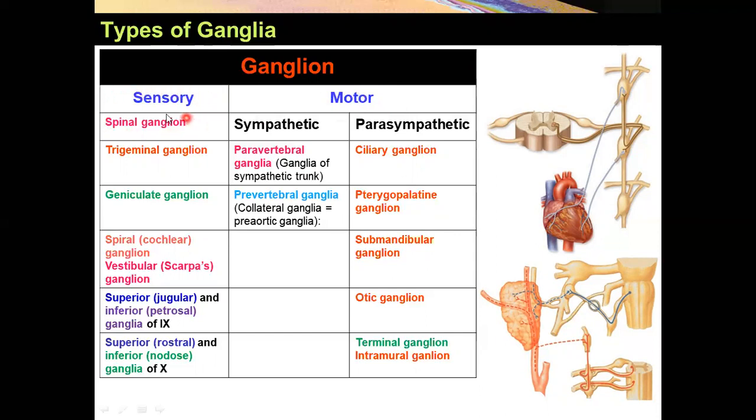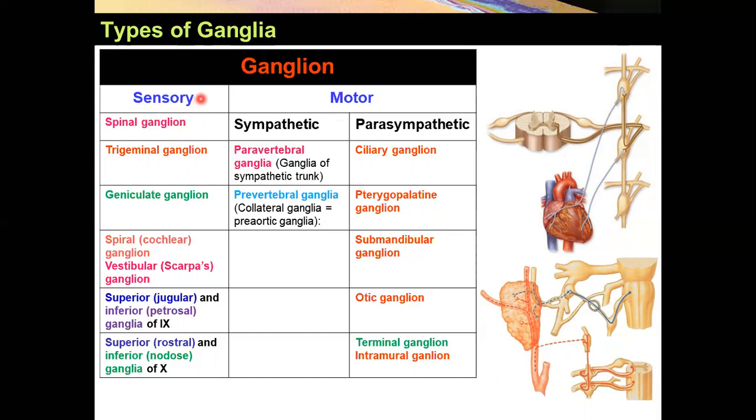The sensory ganglia contain either pseudo-unipolar neuron or bipolar neuron. If a ganglion is about general sensation, general somatic afferent or general visceral afferent, this ganglion contains pseudo-unipolar neuron.